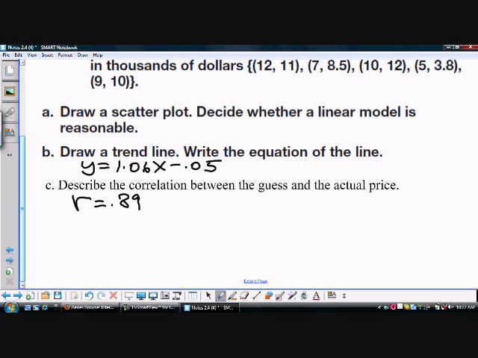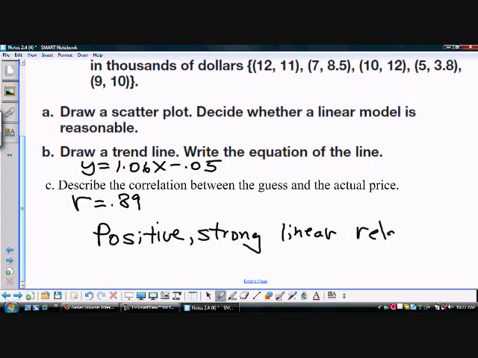And when we describe our linear model, we want to describe whether it's weak or strong and whether it's positive or negative. So to describe this correlation, I'm going to say that we have a positive, R is better than 0.6, so we'll call it strong, linear, and we can call it correlation or relationship.